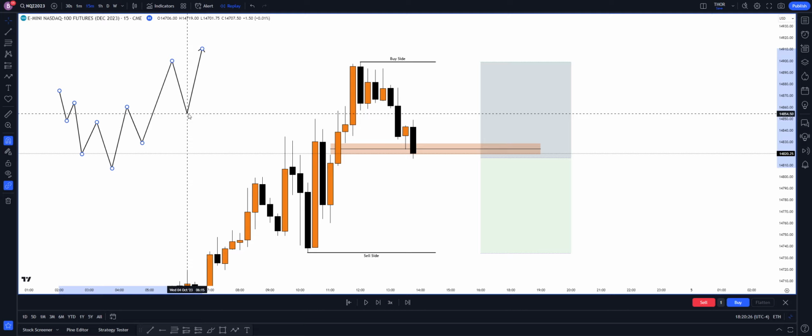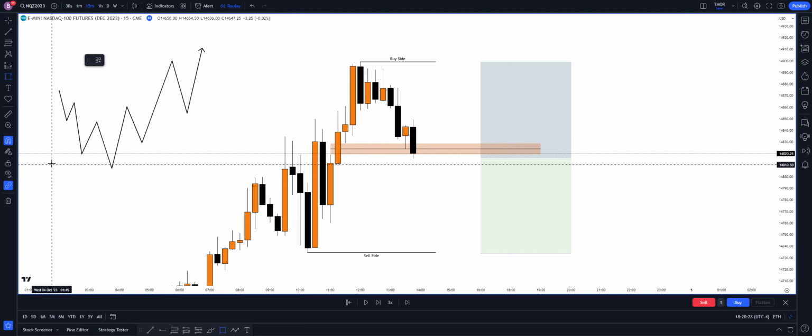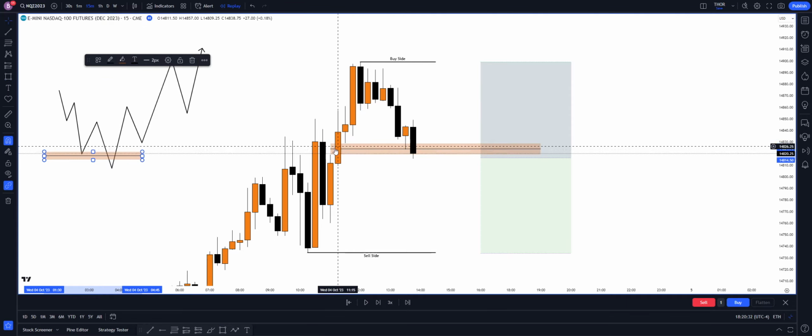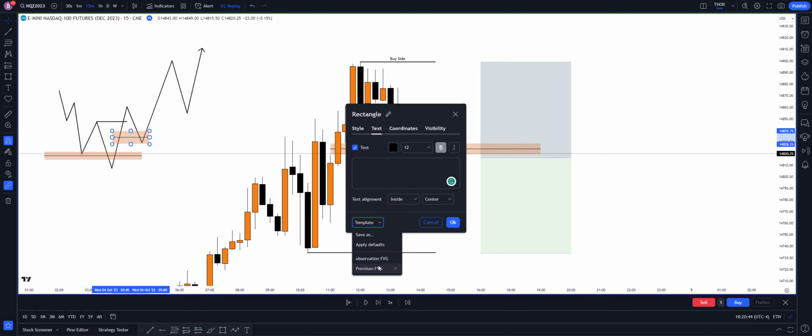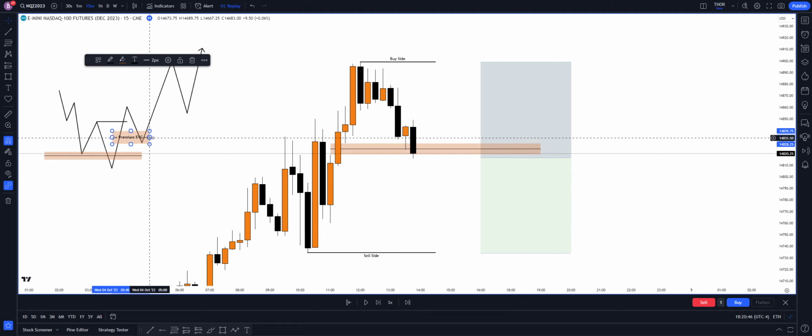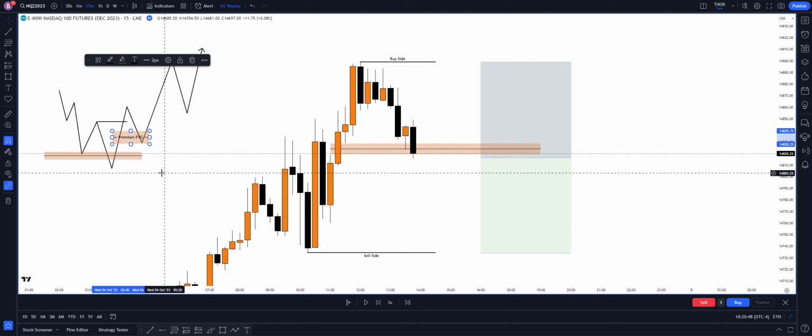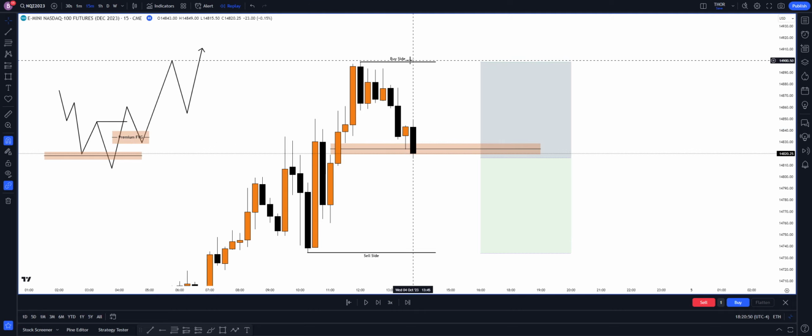So what I'd like to see is, this is the 15-minute discount fair value gap right there. Then I want to see a market structure shift like that, and within that market structure shift, I want to see a fair value gap, and that fair value gap is going to be my long entry targeting this buy side on the 15-minute.